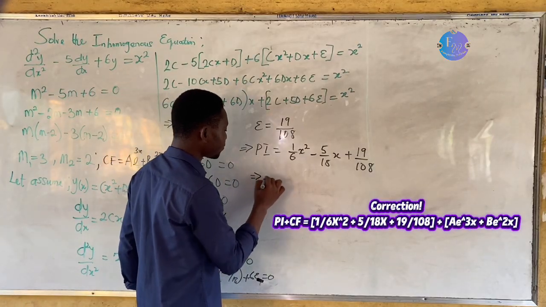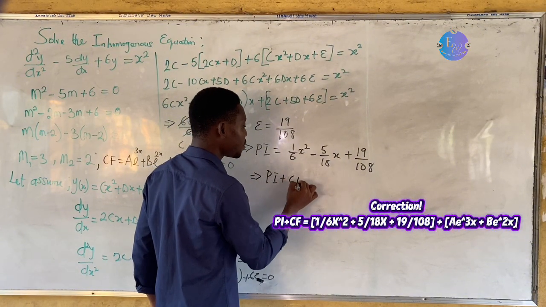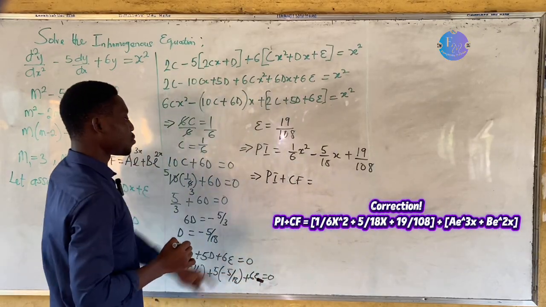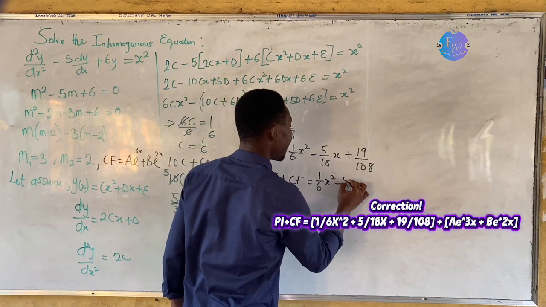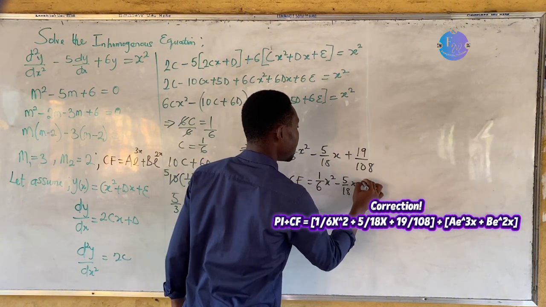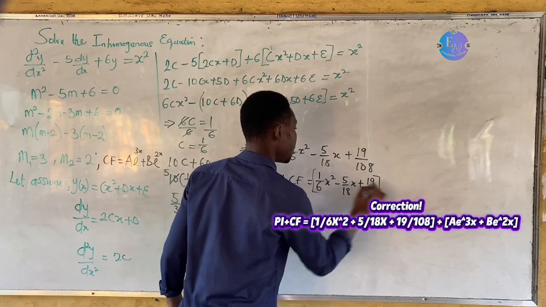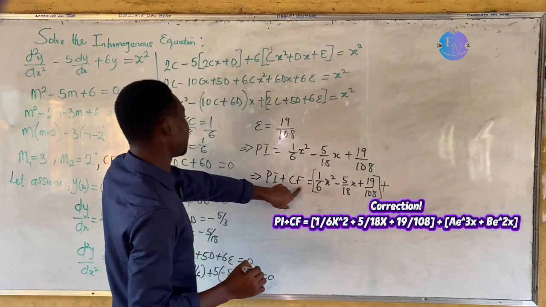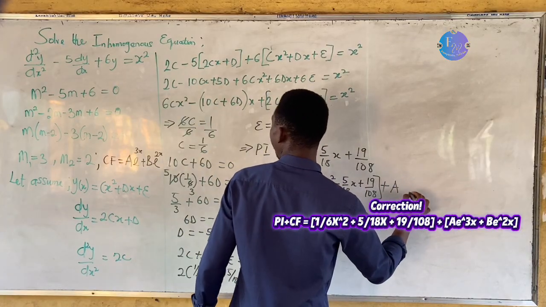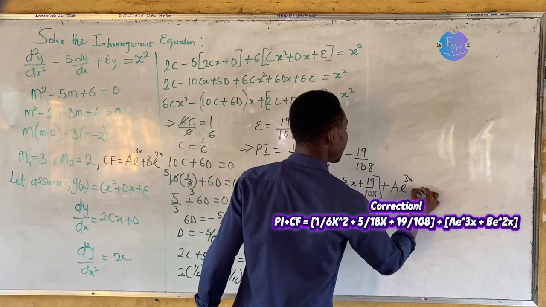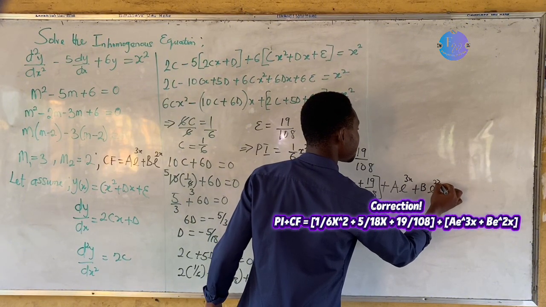So it implies that PI plus CF, the complementary function, is equal to PI, which is this, 1 over 6 x squared minus 5 over 18 x plus 19 over 108, plus our complementary function, which is a exponential 3x plus b exponential 2x.